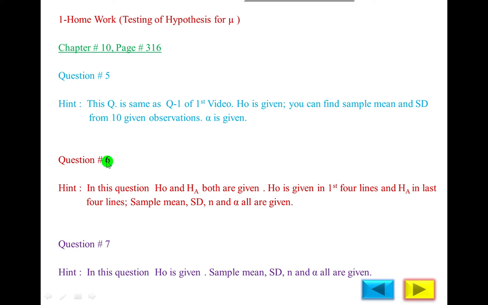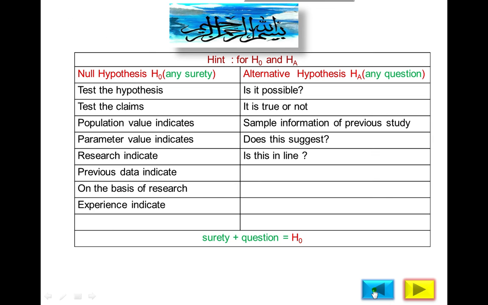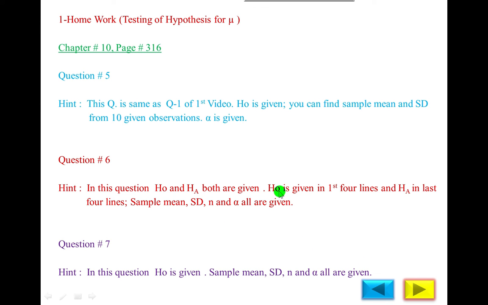And question number 6 on the same page, in this question H0 and HA, alternate and null, both are given. So you can decide according to the statement. H0 is given in the first 4 lines. In this question you have 8 or 9 lines. In the first 4 lines, research indicates the null hypothesis.